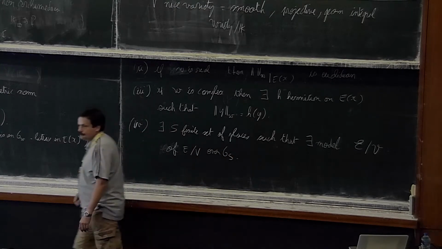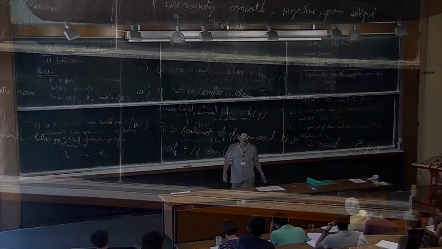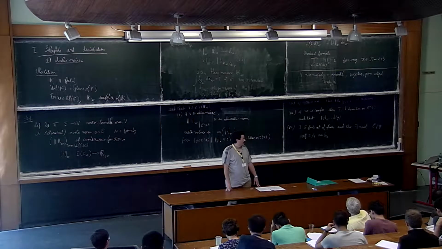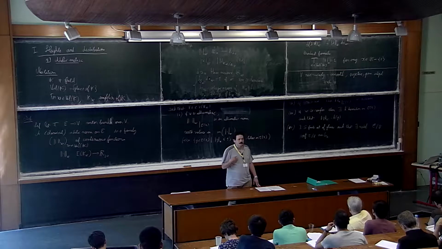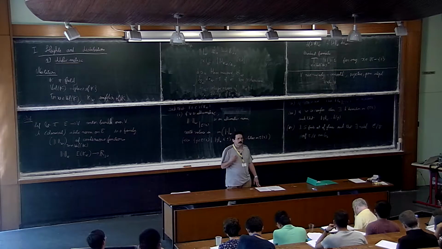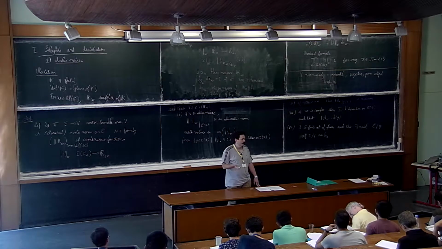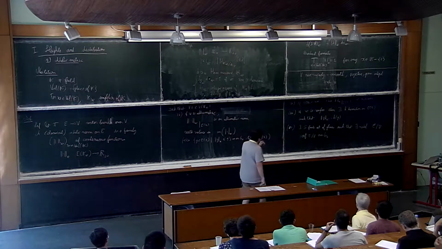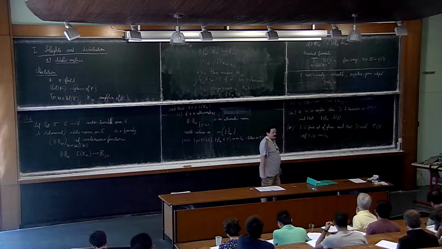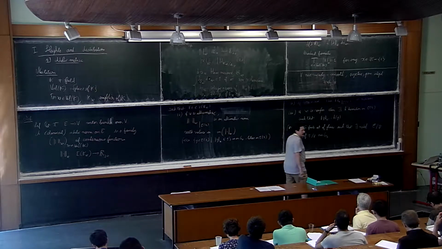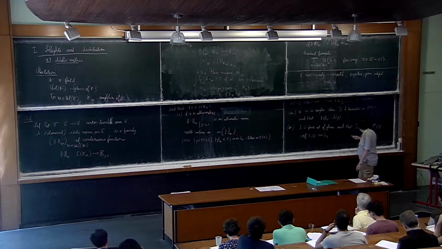So I'm considering the ring of S-integers. The point of that is, in that way, I don't have problems with the places of bad reduction. I can put all places of bad reduction into S, and therefore I can choose a model which is as nice as I want, in some sense.